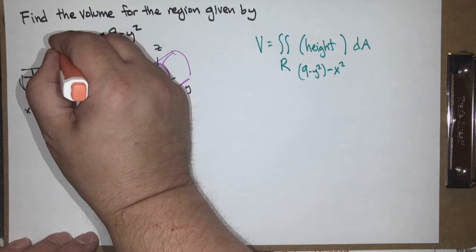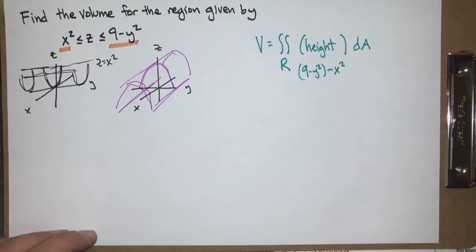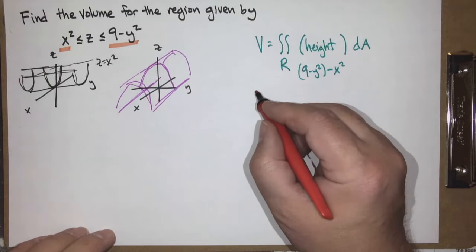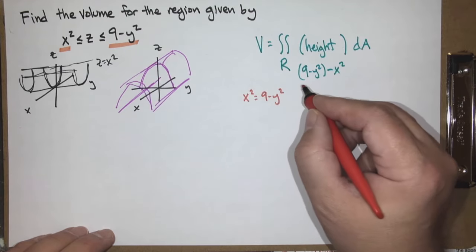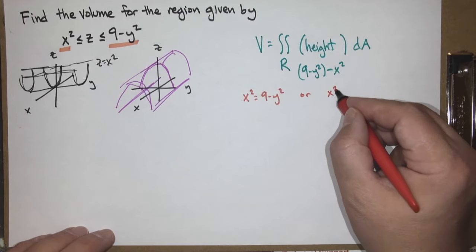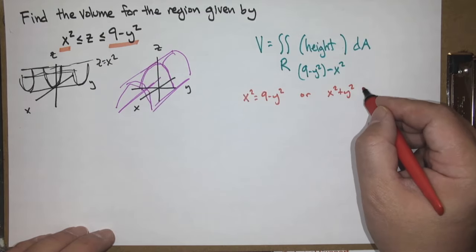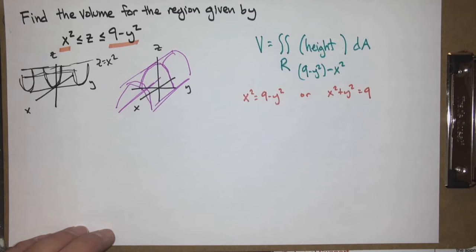So you say, well, when does the bottom match the top? So for our region, where does x squared equal 9 minus y squared? Or x squared plus y squared equals 9. Now that's where the edges match up.